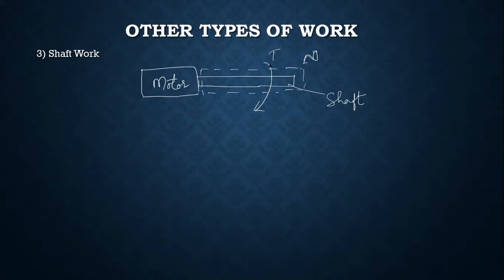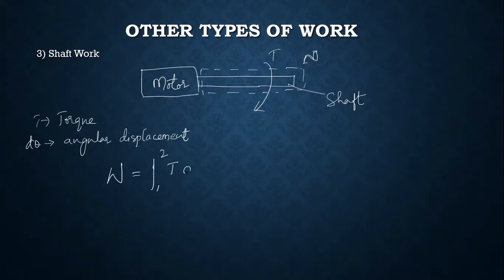If T is the torque applied to the shaft and d theta is the angular displacement of the shaft, then the work is given by W is equal to integral 1 to 2 T d theta.